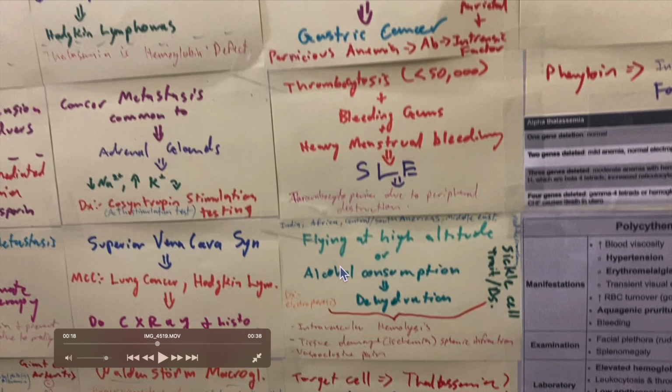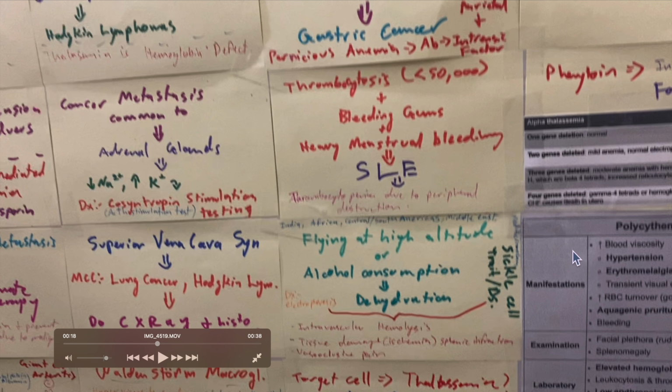Flying at high altitude or alcohol consumption will cause dehydration in patients with sickle cell trait or disease. Okay. This will cause intravascular hemolysis or tissue damage, ischemia, for example, splenic infarction and vaso-occlusive pain.